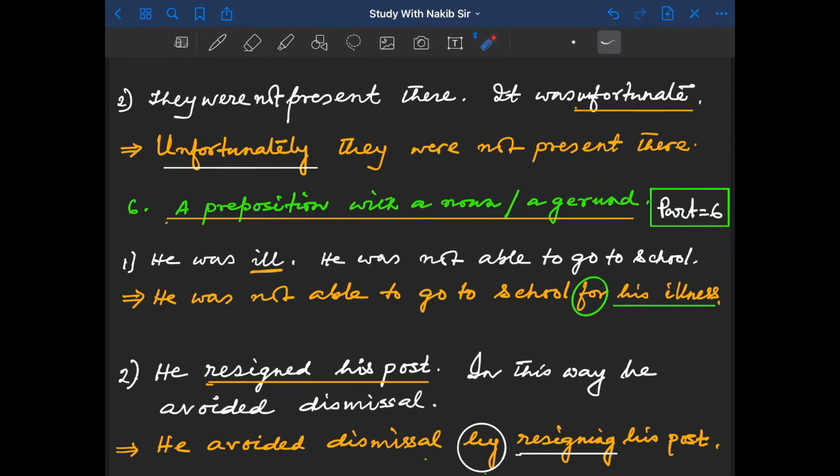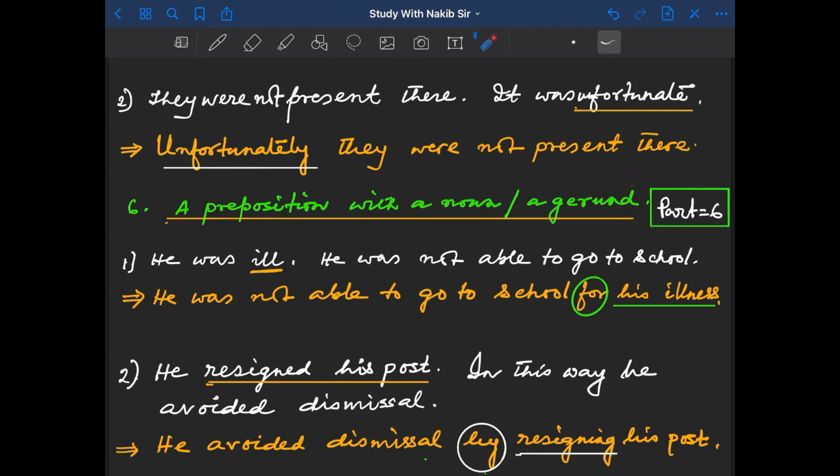A gerund is the ing form of the verb, going, swimming, okay, ing form of the verb used as a noun. A gerund is the ing form of the verb used as a noun in a sentence. This is called a gerund.